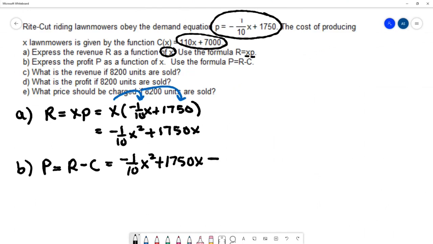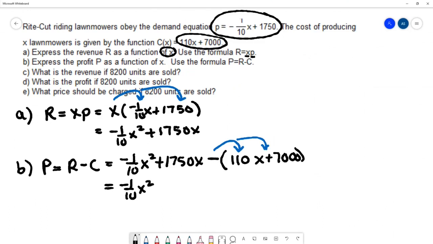And I want to subtract the whole cost function, so I'm going to put parentheses so that the minus applies to every term: minus (110x plus 7,000). We'll distribute that minus to both terms to get negative 1/10 x squared plus 1,750x minus 110x minus 7,000.